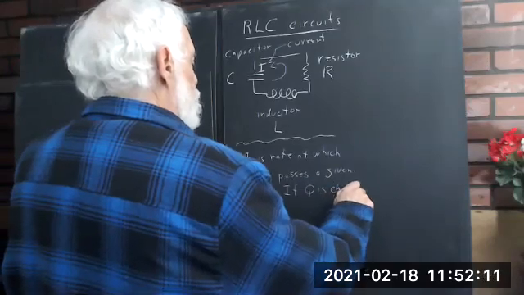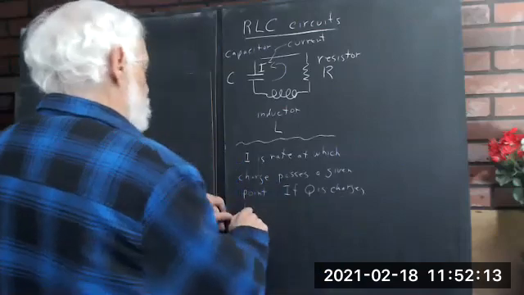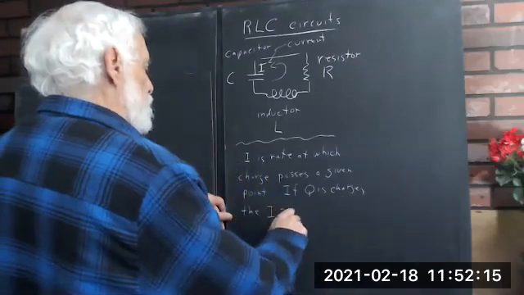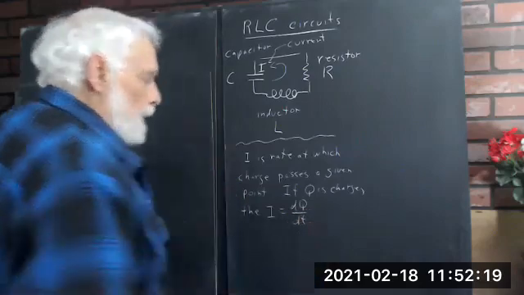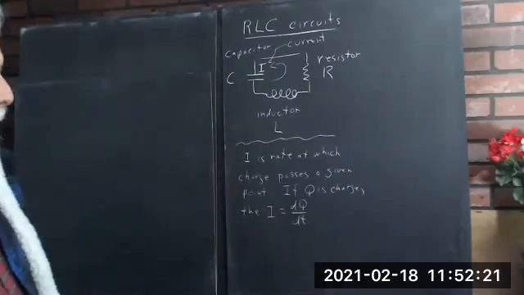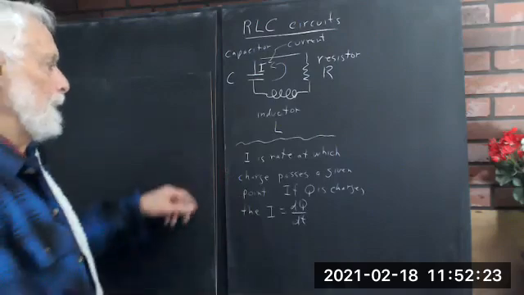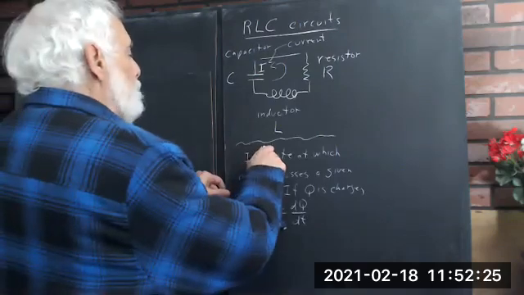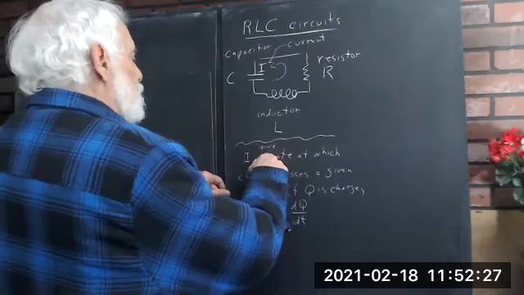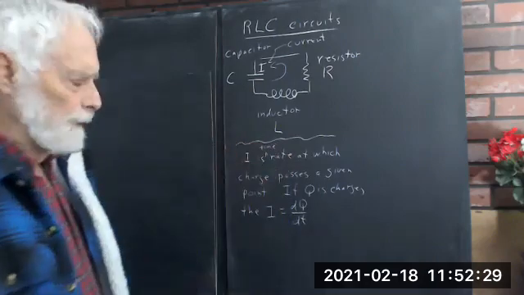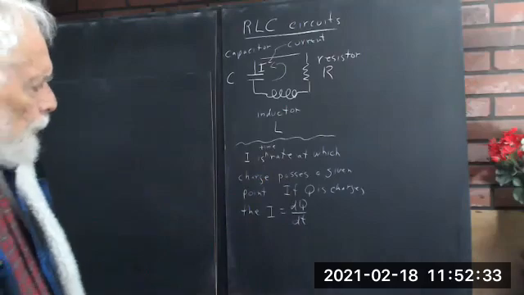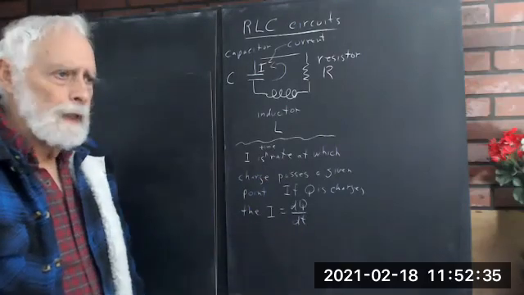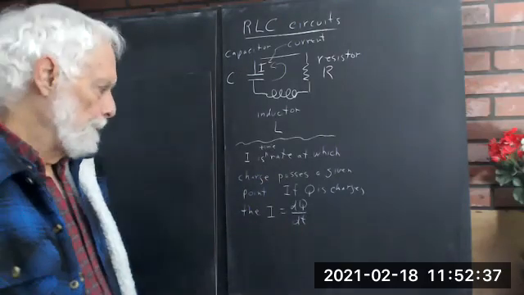If Q is the charge, then I is dQ/dt. When I say it's the rate, I mean the time rate, which is implicit. That's why it's the derivative with respect to t. It's a time rate of change. So I equals dQ/dt.